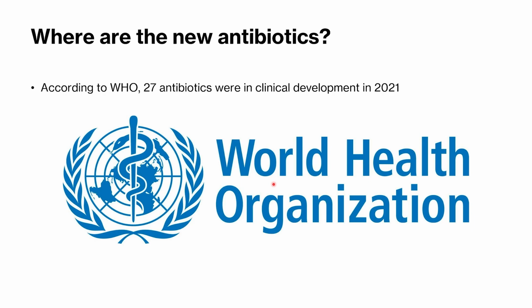So where are they? Currently, they're working on them. The World Health Organization said in 2021 that there were 27 antibiotics in the pipeline. This number fluctuates. It's really hard to tell. There's always stuff in clinical trials, and this didn't really clarify whether they are new antibiotic classes or alterations.